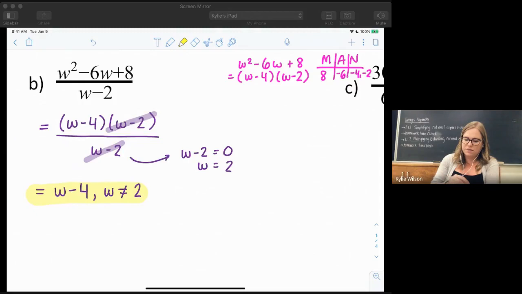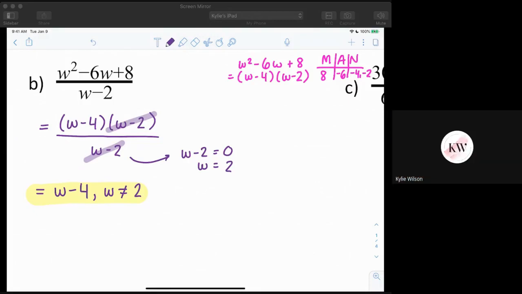But you need to include your restrictions. You only include it at the end, but you need to make sure that you have restrictions from every step. So if I had canceled something out earlier, we need to make sure we have it. As we go through, I'll show you more examples that have more situations with the restrictions, which will hopefully clear some things up. Okay, so let's try example C.